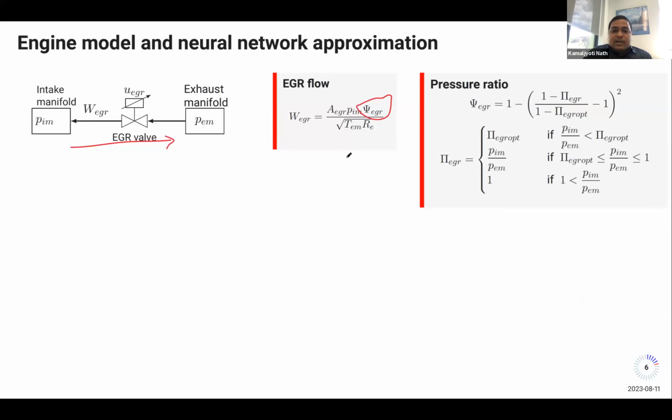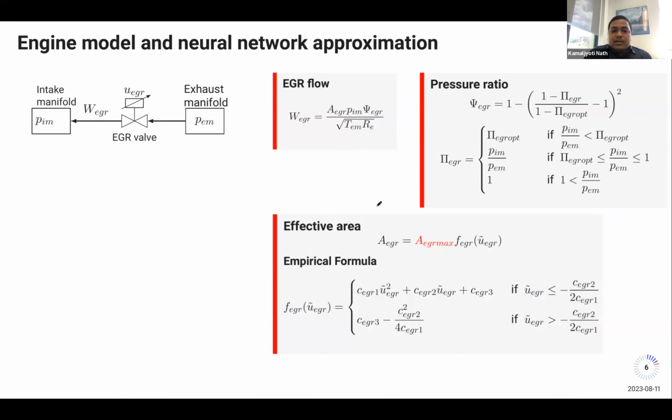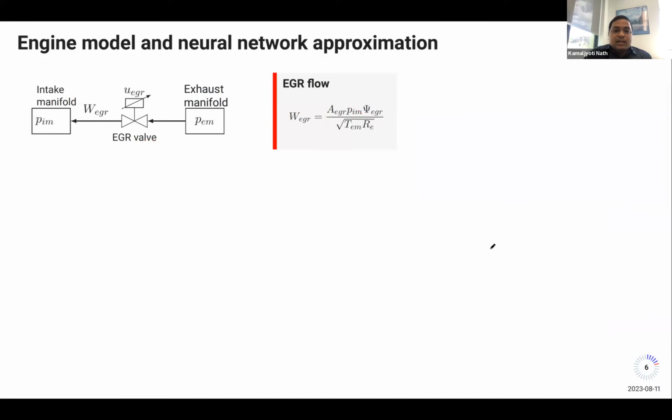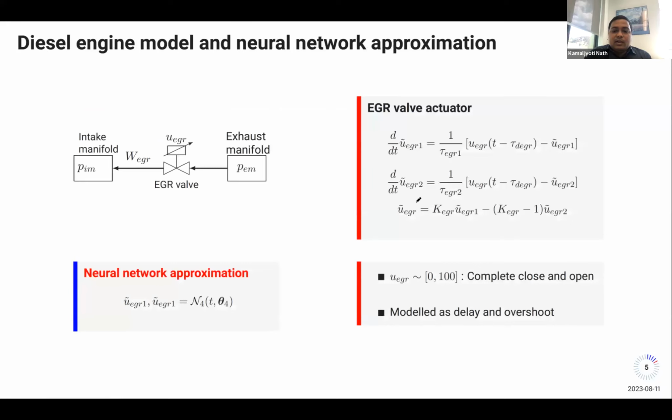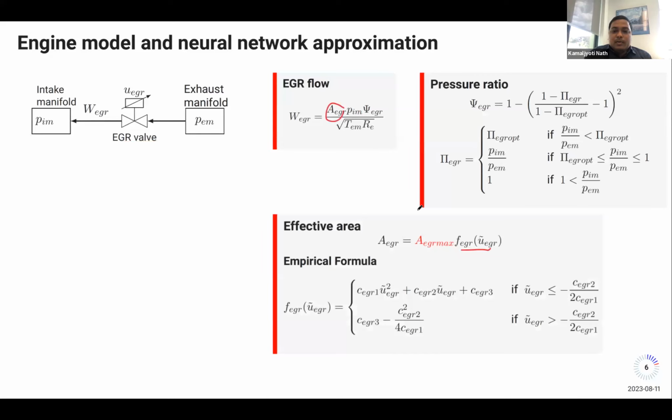The second part is the effective area, which is a function of the EGR actuator. So these are linked here, and that controls the flow of gas from the exhaust to the intake. And there is an empirical formula again, given by this equation.